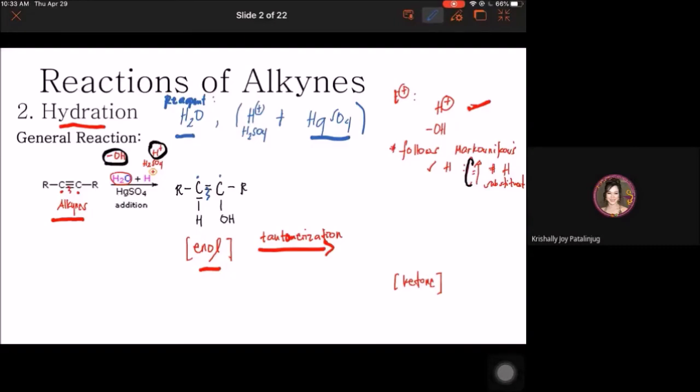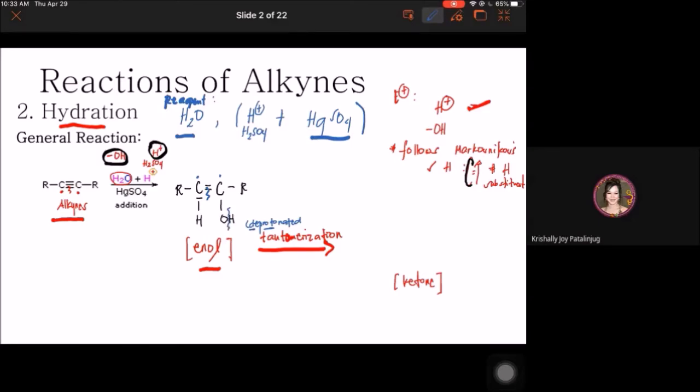So to stabilize each carbon, the oxygen here will be deprotonated, meaning the proton part will be removed, meaning there will be removal of this hydrogen.